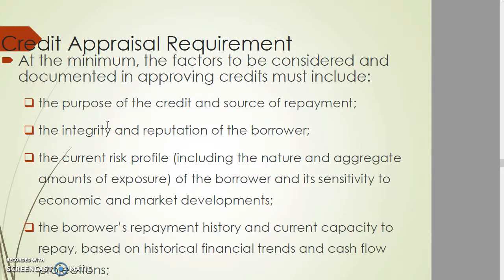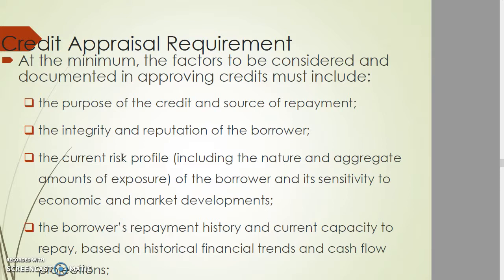They will also look at the credit requirement and the current risk profile. Especially in our current situation right now, you have to link the current economic risk with your company profile.